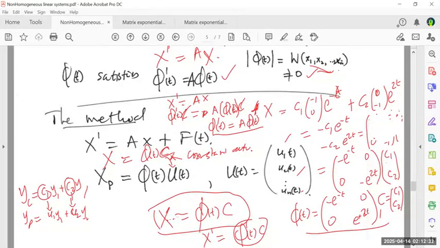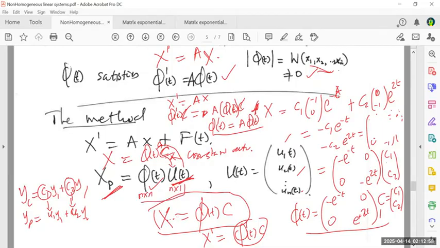So what is this u that we can use to substitute and make xp with the formula, given that phi of t is coming from the homogeneous equation as the fundamental matrix of solutions. So we're now differentiating. You need to take care: this is an n by n, and this is n by 1.